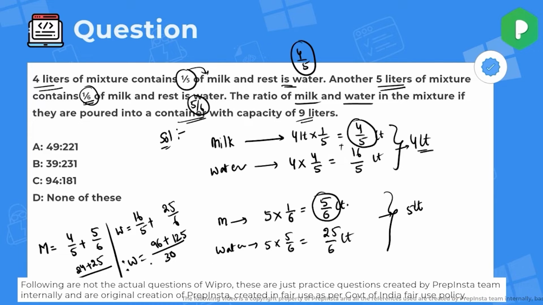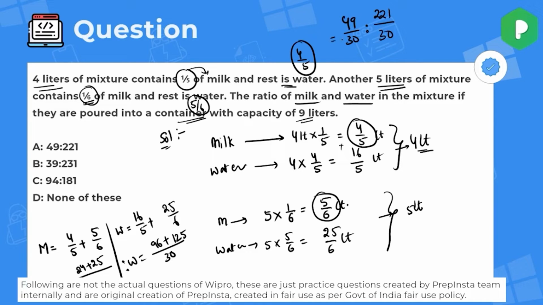So whenever the denominators are equal, I don't simplify these equations. Why? Because I need to find the ratio of milk and water. What is the milk? It is nothing but 24 plus 25, the answer is 49 divided by 30. And 96 plus 125, so the answer is 221, so simply 221 divided by 30.